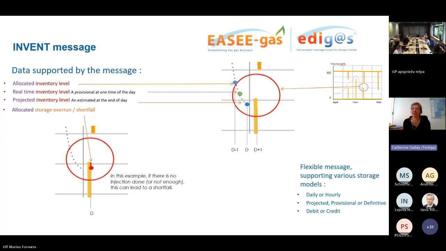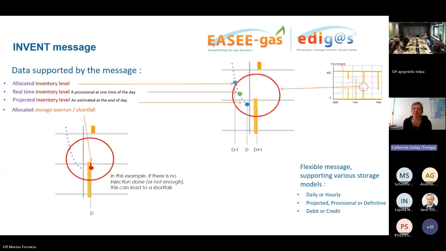So it is the quantity calculated based on the last allocated storage volume, plus the daily injected or withdrawn quantity confirmed in the nomination process for the gas day.